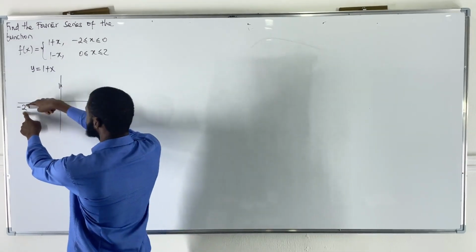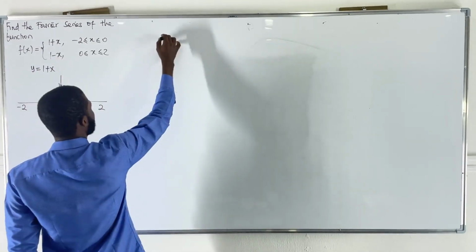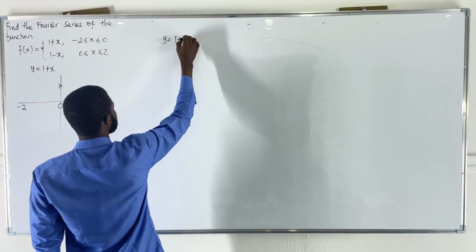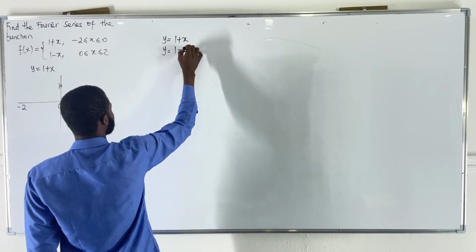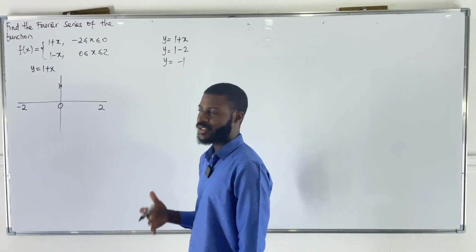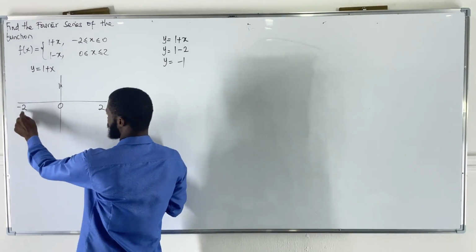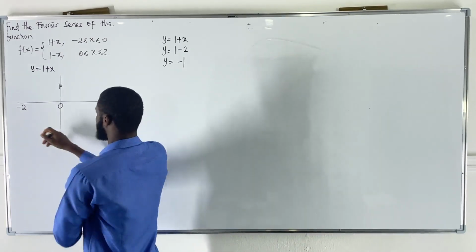So when x is minus 2, y is equal to 1 plus x, which is 1 minus 2, so y is minus 1. I'm going to put at x equal to minus 2, we have minus 1.